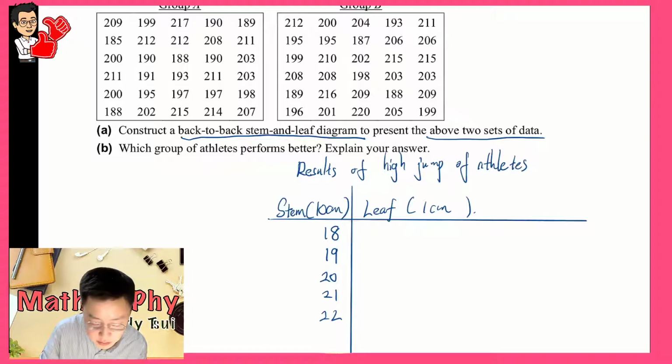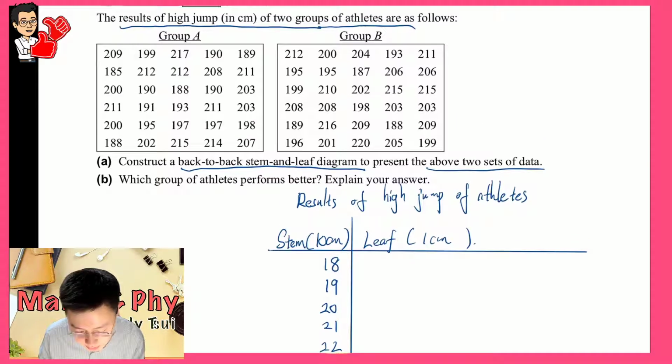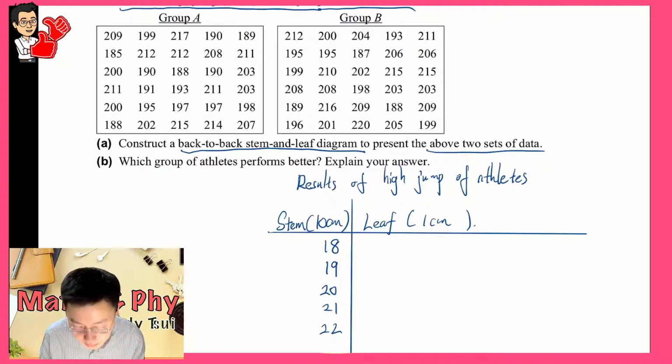Because of the time of this video, I just copy the answer, and I want to mainly teach you how to draw the parts about group A. So first I do group B.